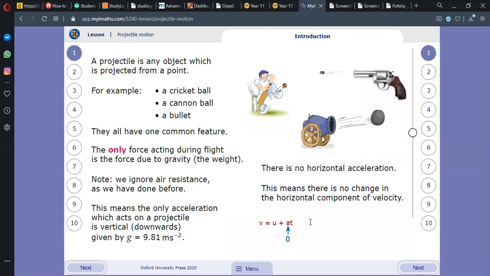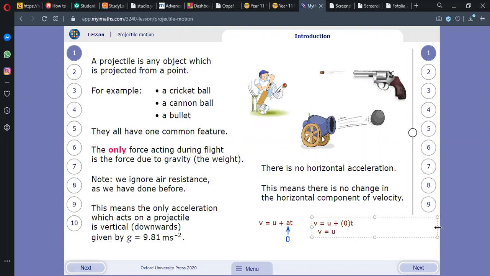So we have v equal to u, the initial velocity, plus 0 multiplied by t. Since 0 times t is 0, you still have that v is equal to u.